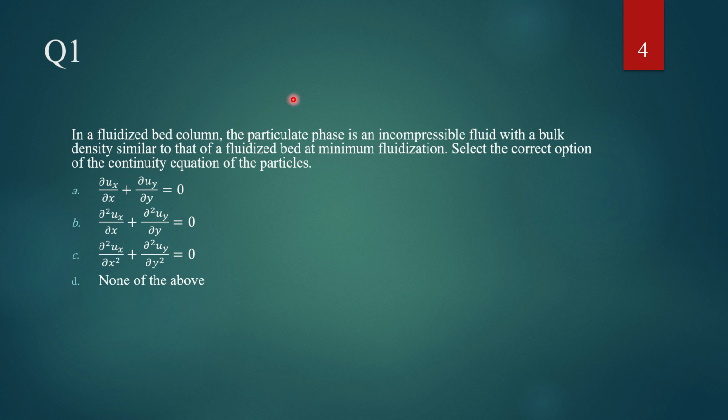Herein we have assumed the particulate phase to be an incompressible fluid where the bulk density is that of the fluidized bed at minimum fluidization condition. So this is an assumption used in one particular model dealing with the bubbling fluidized bed. So can anyone recognize which model that is?